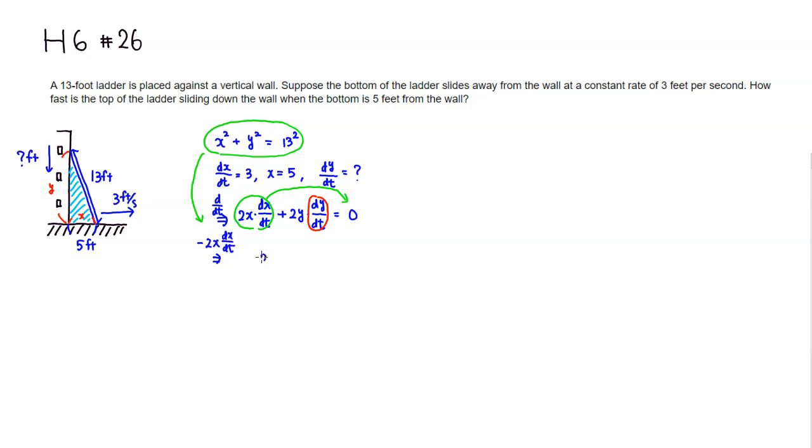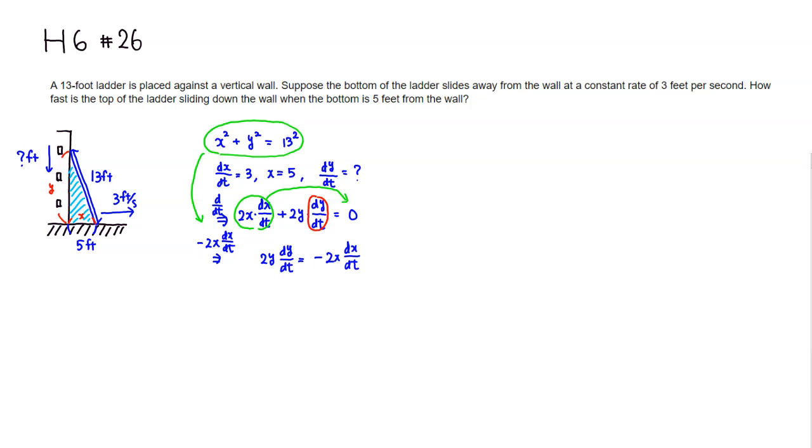So we get 2y times dy over dt is equal to negative 2x dx over dt.